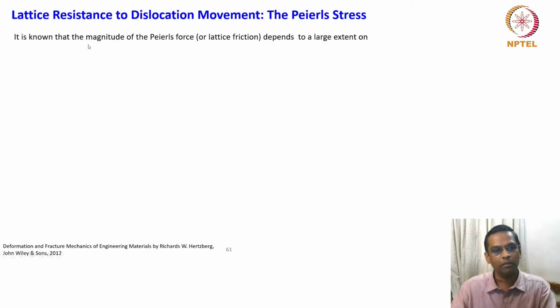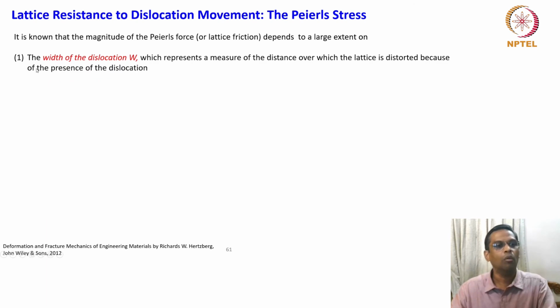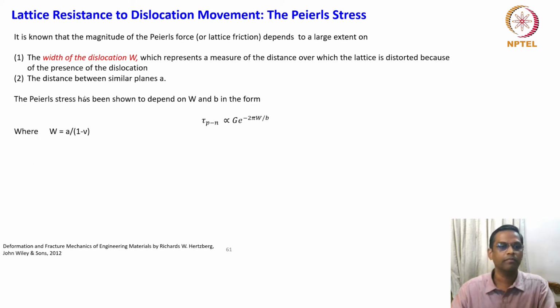It is known that the magnitude of the Peierls stress or lattice friction depends to a large extent on, one, the width of the dislocation W, which represents the measure of distance over which the lattice is distorted because of the presence of the dislocation, and two, the distance between the similar planes, that is the lattice parameter.